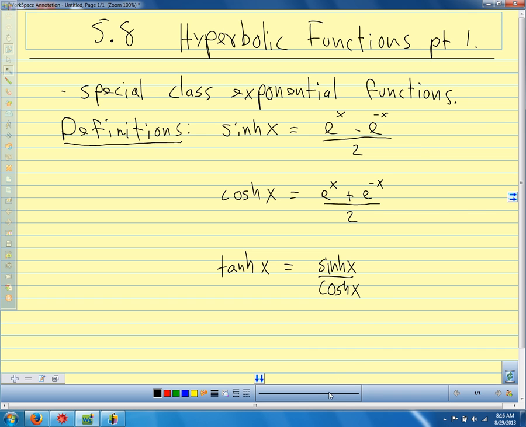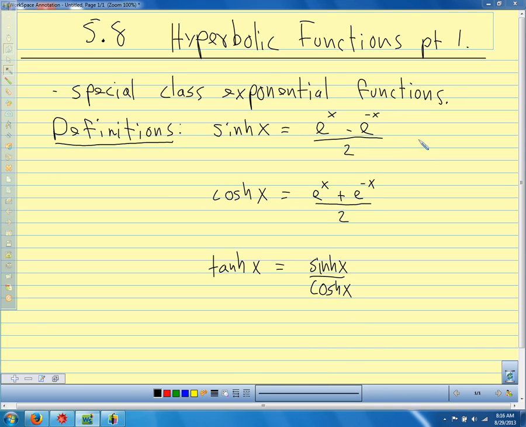And then we have our cofunctions. Hyperbolic cosecant of x, or cosech x, is just like we'd expect, 1 over sinh x, and we're not letting sinh x equal 0.